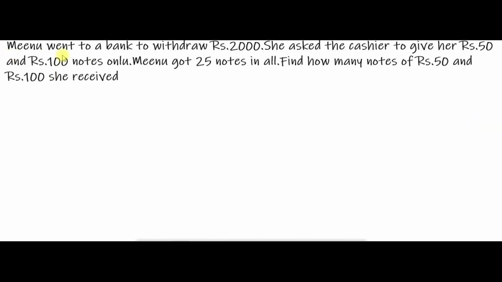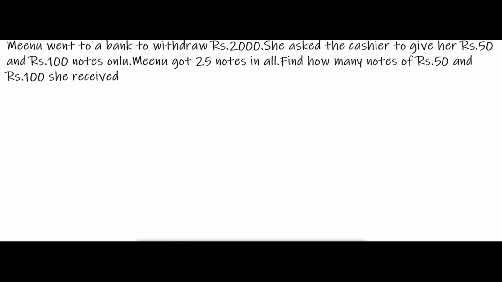Next question. Meenu went to a bank to withdraw rupees 2000. She asked the cashier to give her rupees 50 and rupees 100 notes only. Meenu got 25 notes in all. Find how many notes of rupees 50 and rupees 100 she received. So she went to a bank to withdraw rupees 2000. She asked the cashier to give her rupees 50 and rupees 100 notes only.